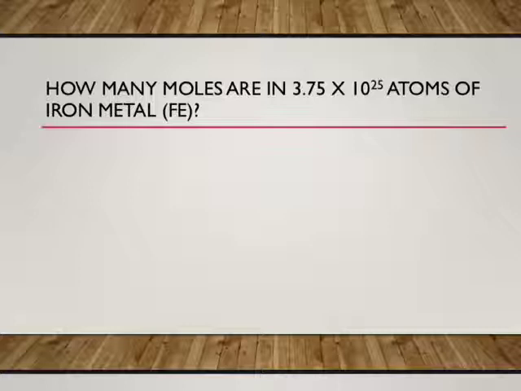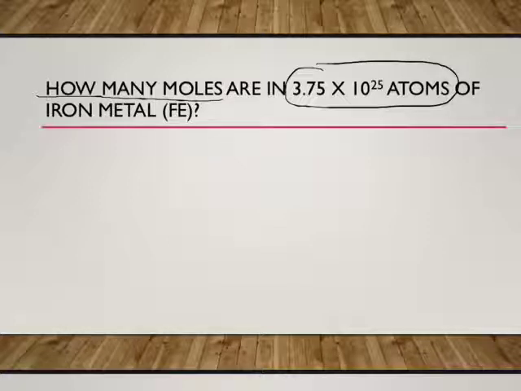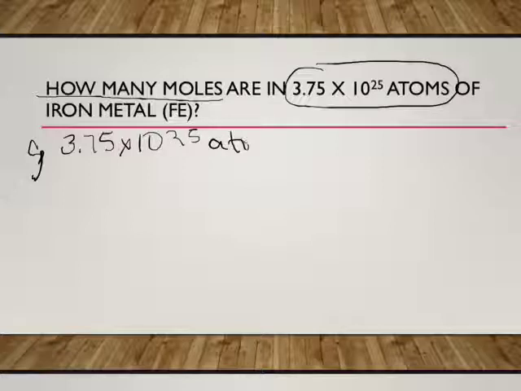Our given is 3.75 times 10 to the 25 atoms. And what we're trying to find out is how many moles that means. So I like to go ahead and pull that information down. Our given is 3.75 times 10 to the 25 atoms.